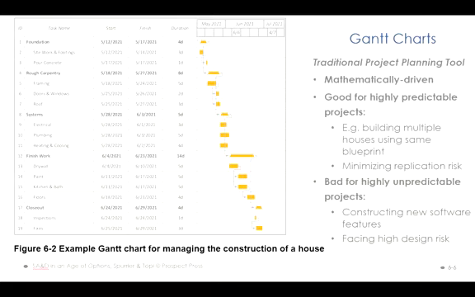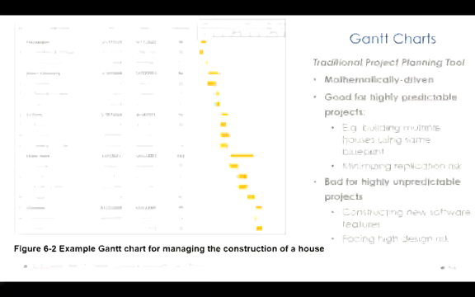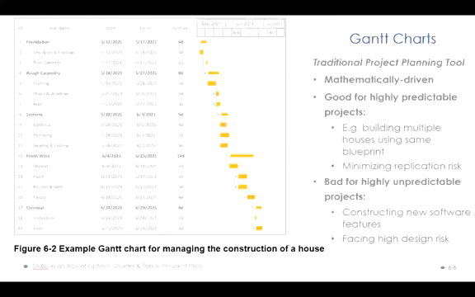The assumption of the Gantt chart is that we have prior knowledge of exactly what needs to be done, and we can divide the task into multiple segments. Some things have to be done before other tasks can be started, and you put all these tasks together into a map or a timeline, and it becomes a Gantt chart.